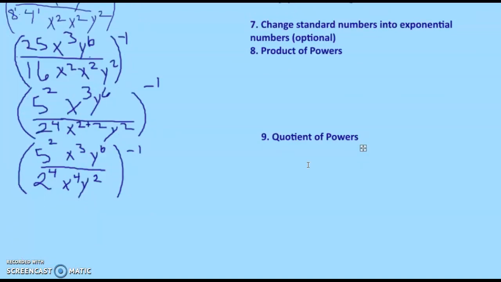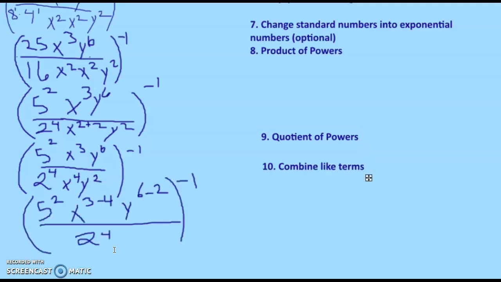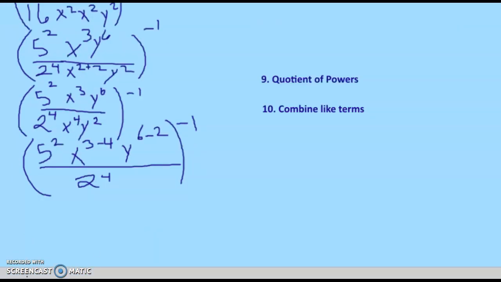And now we're going to use quotient of powers to combine the x's from the numerator and denominator and the y's from the numerator and denominator. So let's rewrite it with that. Okay, now we'll combine like terms. So we have 5 squared times x to the negative 1, y to the 4th, all over 2 to the 4th, all to the negative 1 power.